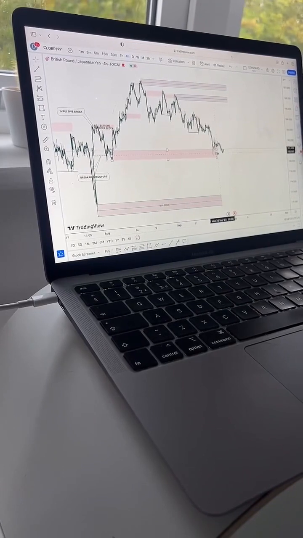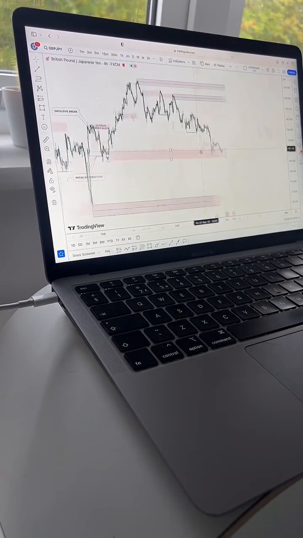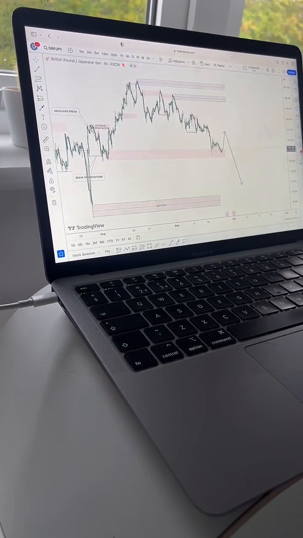Great British Pound, Japanese Yen, in the buy zone currently still. This has been highlighted since about a week or two ago. I think we still have potential to grab some liquidity and then push lower, like Great British Pound, Australian Dollar.